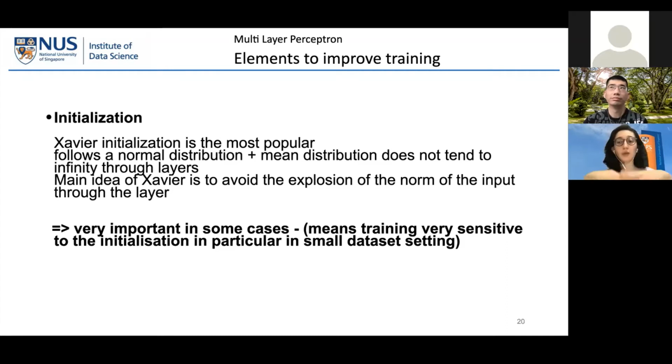Because if you randomly initialize all your parameters, it can happen that your predicted output y hat will be super high, almost exploding. And maybe you don't want that, or you want to control that at initialization. So you can use Xavier initialization to do that. It can be quite important, especially for small data sets.